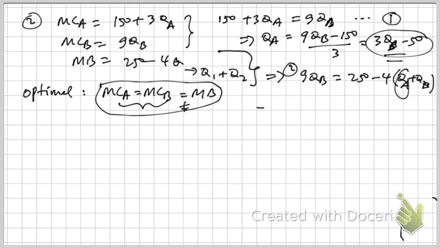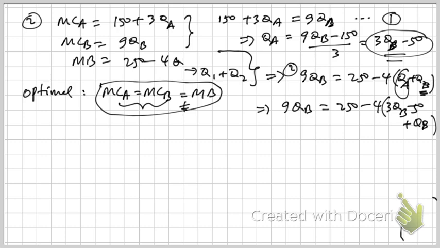So what happens? We have 9qb in here, 250 minus 4, but qa is nothing but 3qb minus 50 plus this qb. Okay, so instead of qa we have inserted 3qb minus 50.